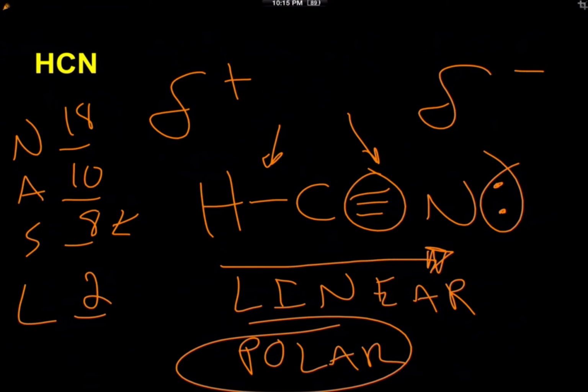Last thing on this, what is the hybridization? Well, even though this is a triple bond, it only counts as one region because it's between the carbon and the nitrogen. All those electrons are moving back and forth between the carbon and the nitrogen, so that counts as one region. The bond to the hydrogen, even though it's only a single bond, counts exactly the same as the triple bond on the other side in terms of the hybridization.